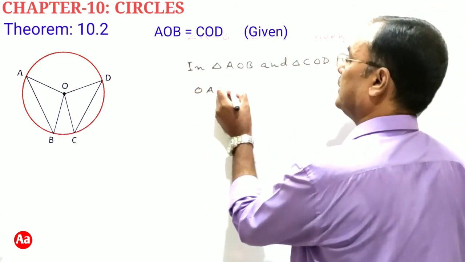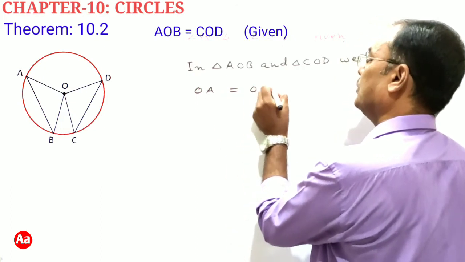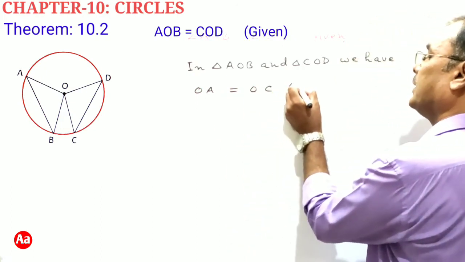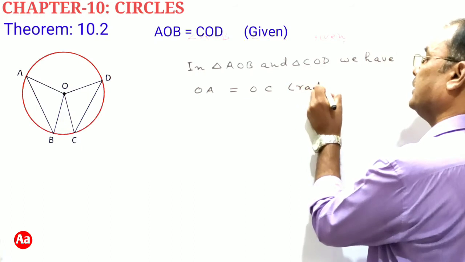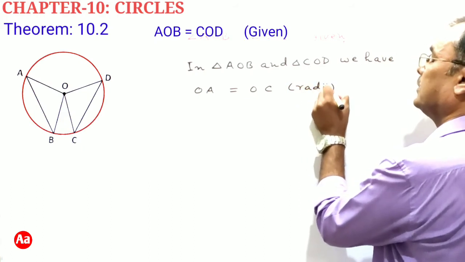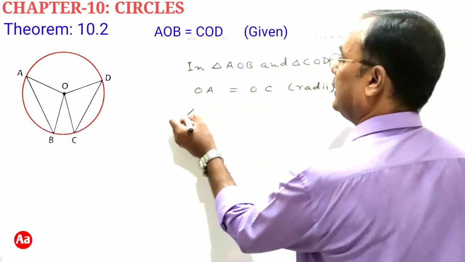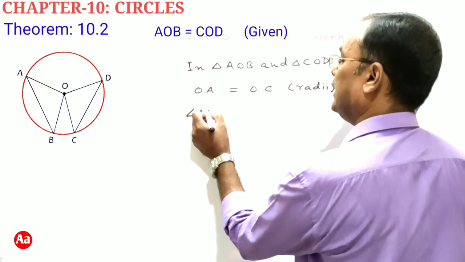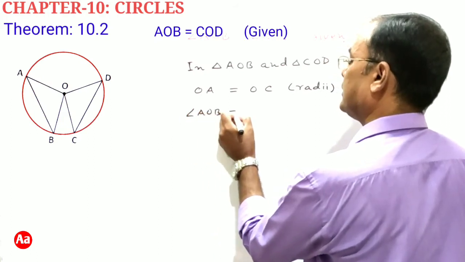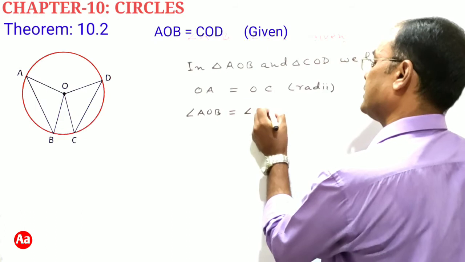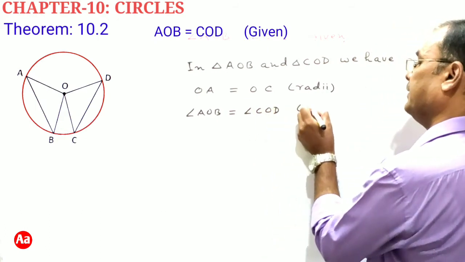OA is equal to OC, radii of the same circle, angle AOB is equal to angle COD, it is given.